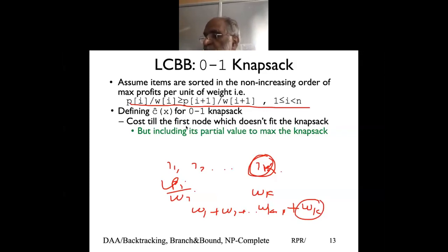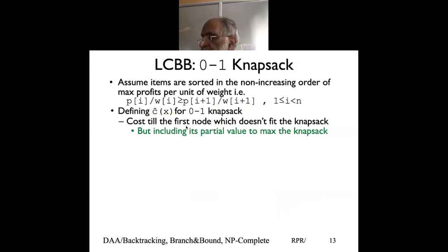I include that partial value in my estimated Cx, because that is basically what I would get. I know I cannot include the last item in full, but at least that gives me my estimated cost, which I can achieve if I follow that path. I cannot achieve less than that.